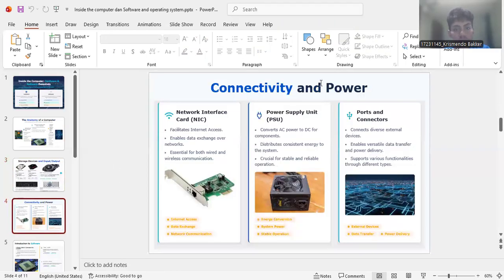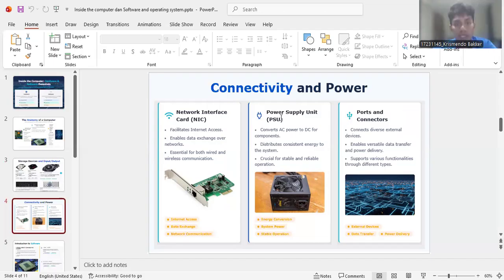Next, connectivity and power. Connectivity includes the network interface card, power supply unit, USB, and ports and connectors. The network interface card or NIC facilitates internet access and enables data exchange over a network, essential for both wired and wireless communication.